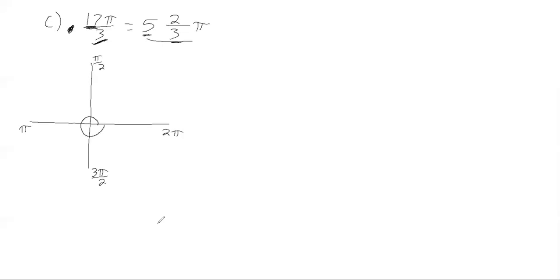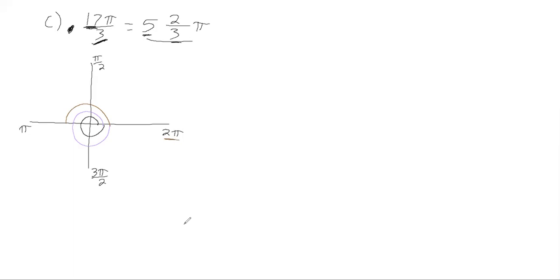I still need to go around at least 5 pi, right? So that's 2 pi. If I go around again, that's 2 more pi, or it puts me at 4 pi. Go around a little more. That's 5 pi.